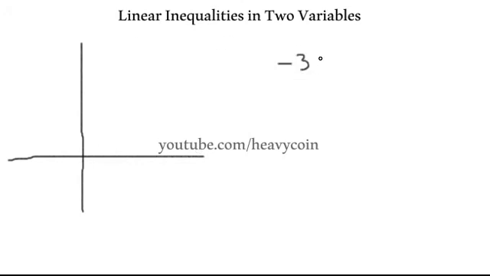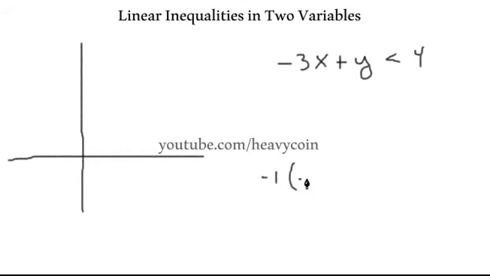Okay, let's do this. How about -3x plus y is less than, let's say, 4. Okay, so step 1, let's get this in standard form before we do anything. That means we multiply through by a negative all the way across.